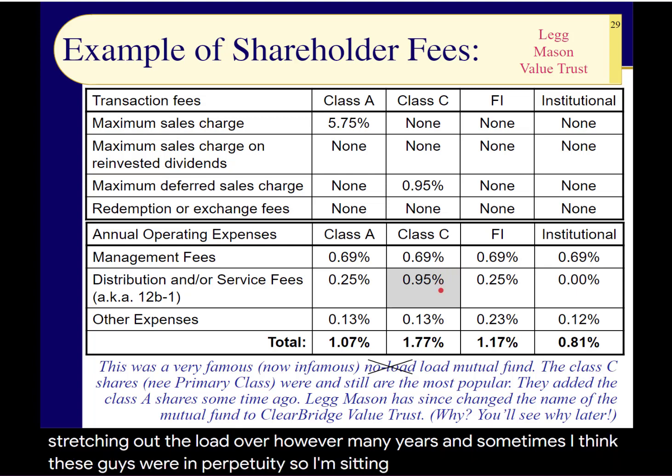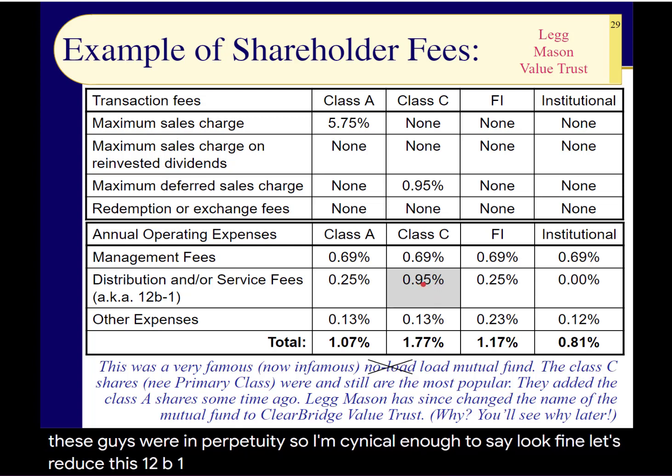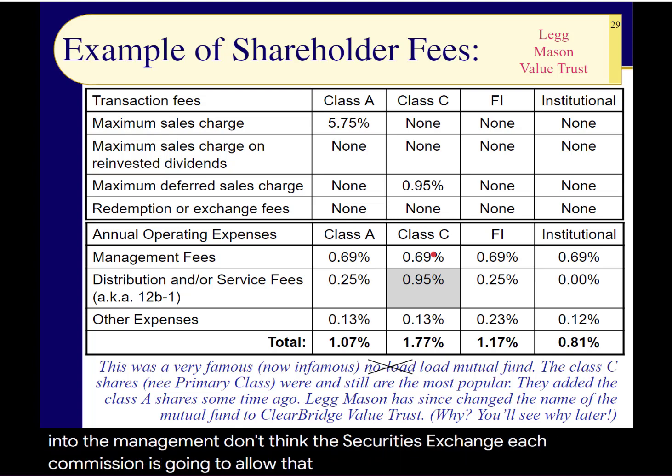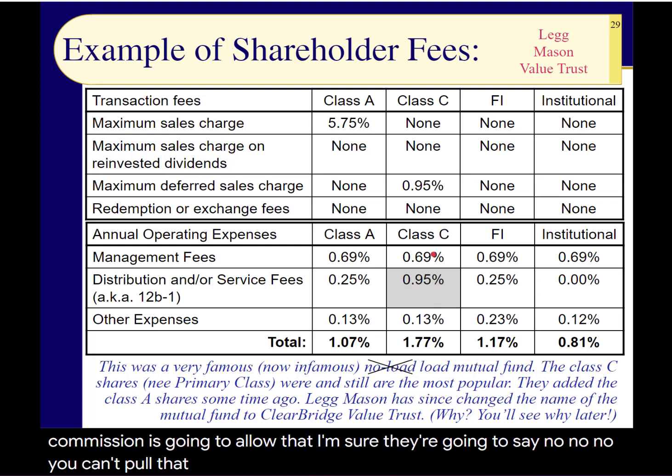So I'm cynical enough to say, look, fine, let's reduce this 12B1 fee back down to 0.25 and simply move the fee up into the management. I don't think the Securities and Exchange Commission is going to allow that. I'm sure they're going to say, no, you can't pull that stunt. So I think they have to declare them in the 12B1 fee category.